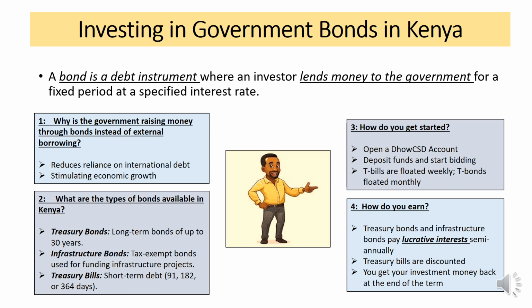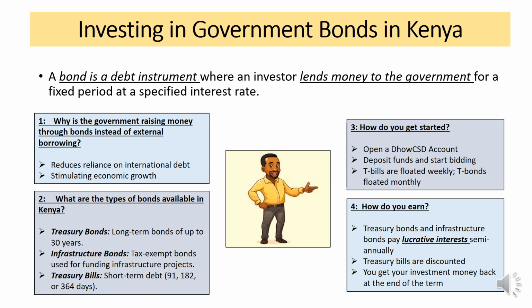For T bills, the mechanism of earning is through something called discounted bonds. A T bill is discounted, meaning if the government has floated a T bill worth 50,000, you will purchase it at a discounted rate, depending on the interest rate at the time. For this example, let us just use rough figures.